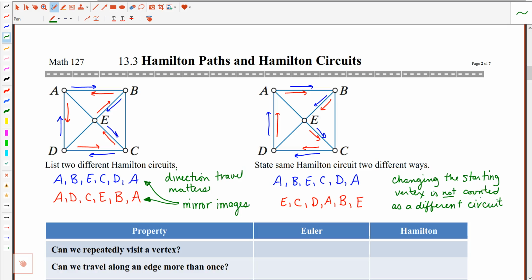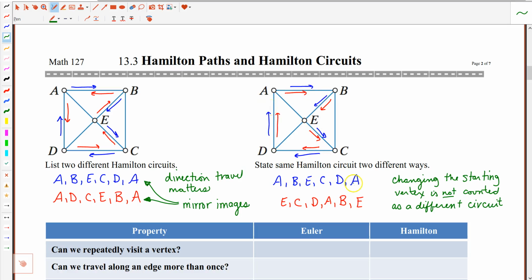So we're going to record the direction, but here's where you're seeing that the starting vertex is not going to be counted differently. So again, I could have started this circuit at A, I could have started at B, E, C, or D. And all of those would be counted the same because I'm basically flowing through this graph the same way.